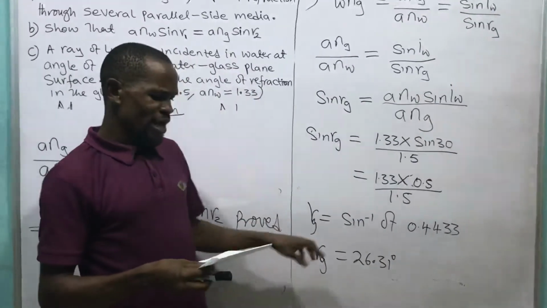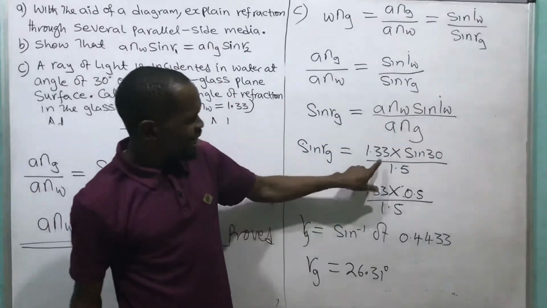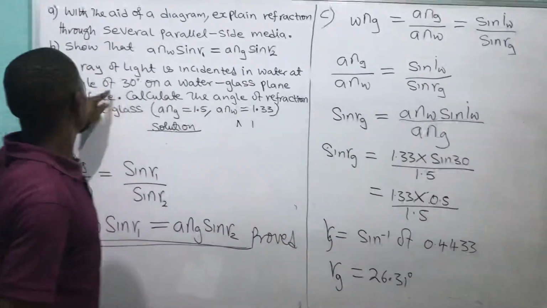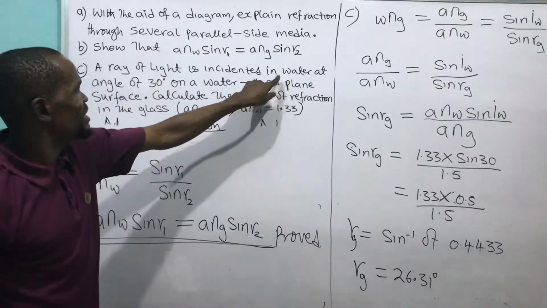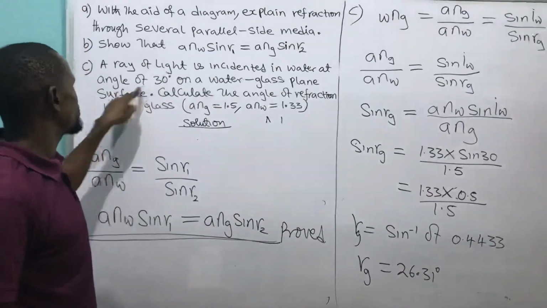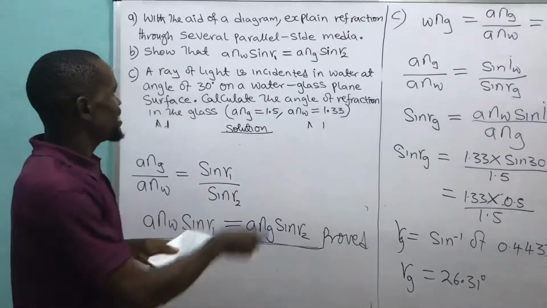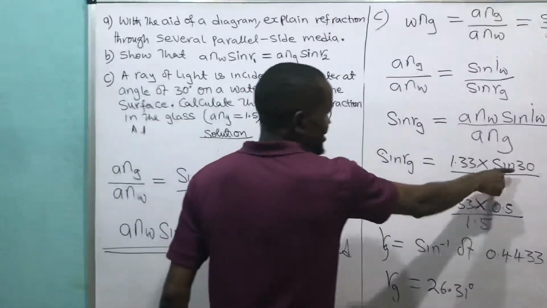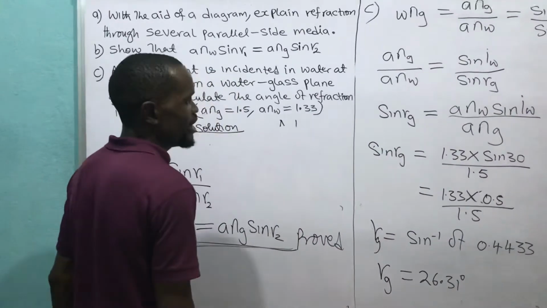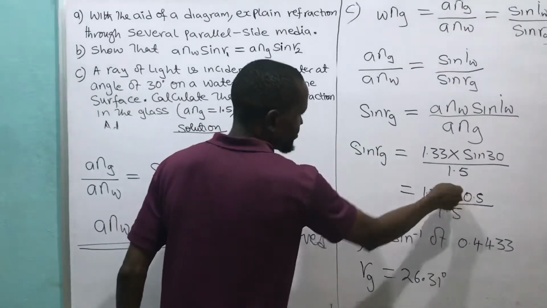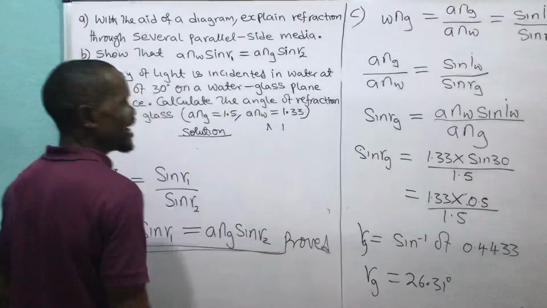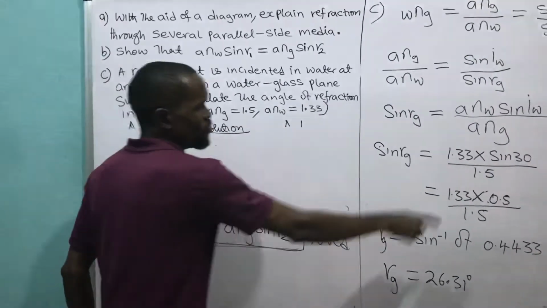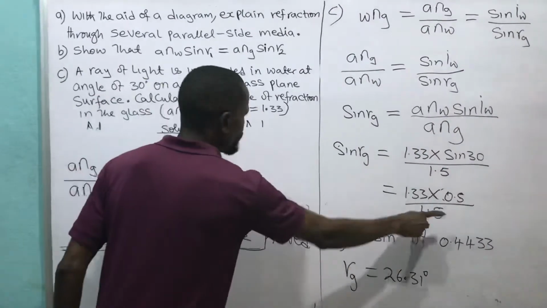And that's what we have for you today. They are giving me the incident angle in water as 30 degrees. Look at the incident in water at 30 degrees. Then now, sine 30 is 0.5. Are you getting what I'm saying? Sine 30 is 0.5 times the refractive index of water, which is 1.33, over the refractive index of glass, which is 1.5.